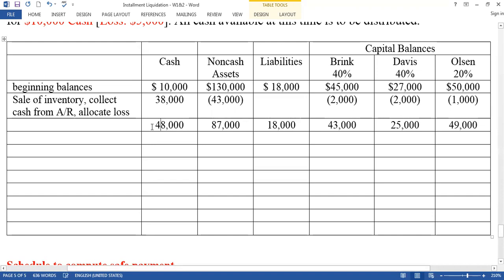Now, if we compare our cash and liability, we see that we have enough cash to pay the liability, right? Now we are going to pay the liability first. Payments to creditors, or payments to liability.